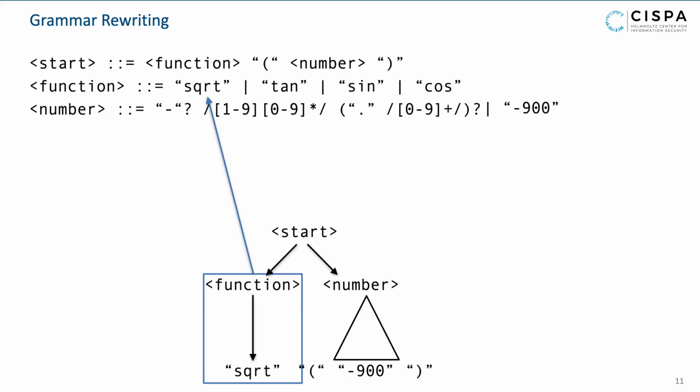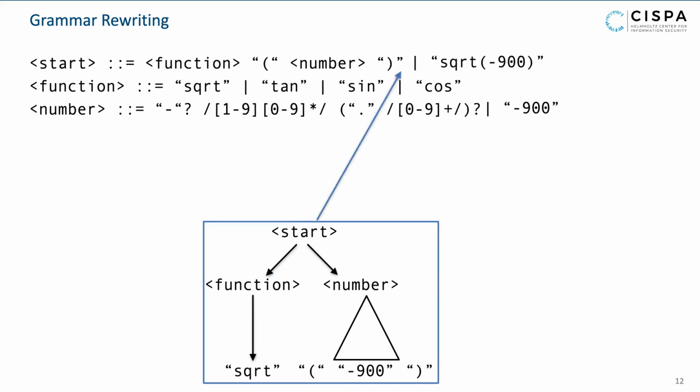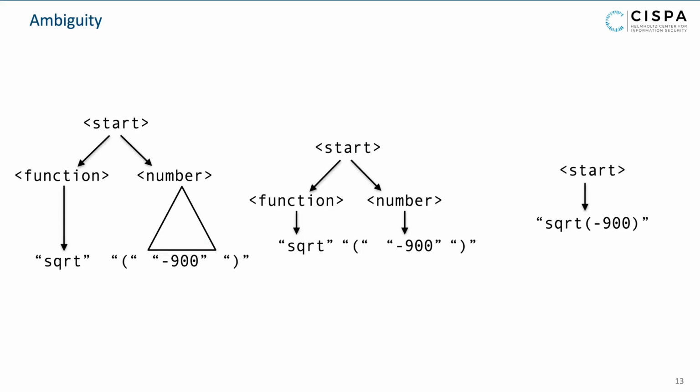For the subtree below function, we would introduce the option square root for the function production, but we don't because it already exists. For the entire tree, we introduce the option square root of minus 900 at the start symbol. After this rewrite, the grammar is ambiguous. This means that for the same word, square root of minus 900, I am getting 3 parse trees now.